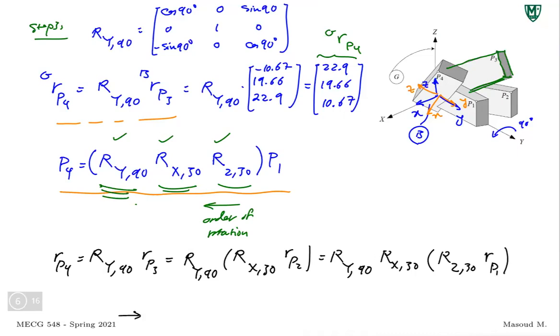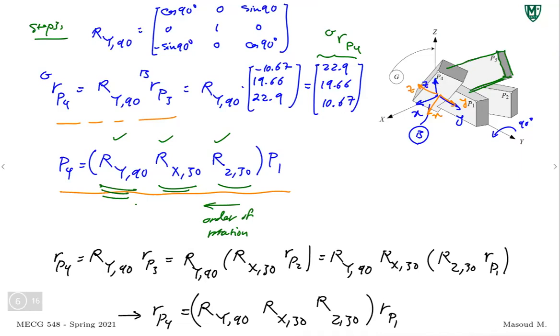So by the end, you will get RP4 is equal to these rotation matrices, RY90, RX30, RZ30, this whole thing multiplied by RP1.